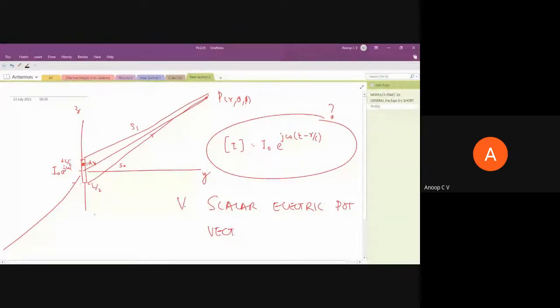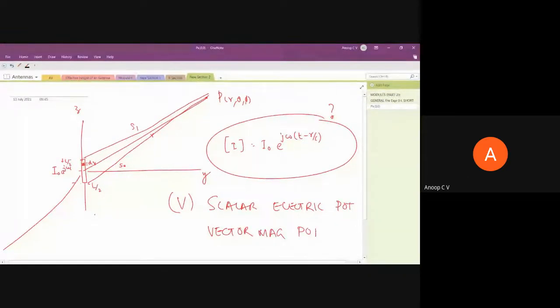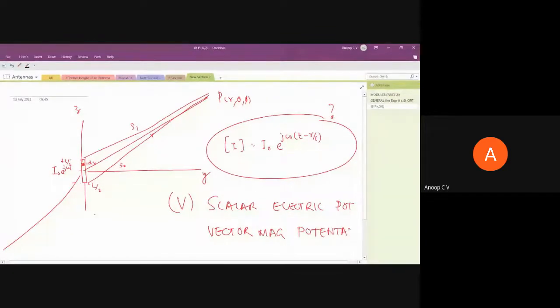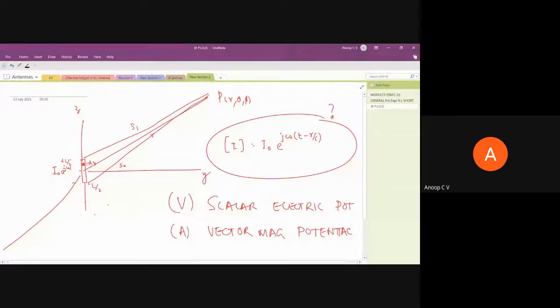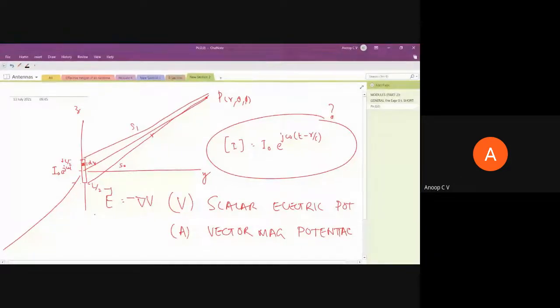The scalar electric potential you normally write as V, and the vector magnetic potential you write as vector A. If V is known, you can always find the electric field as the negative gradient of potential, and if vector A is known, you can find the magnetic field intensity as 1 by mu naught of del cross A.